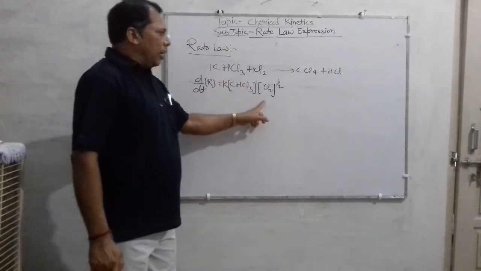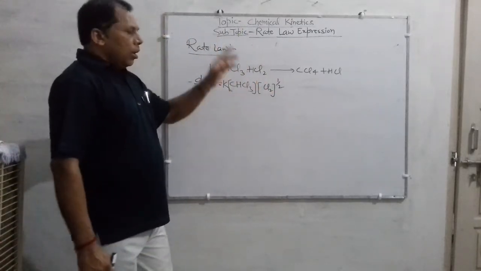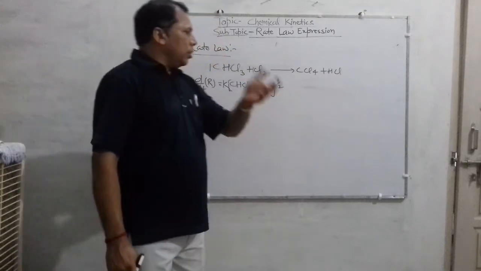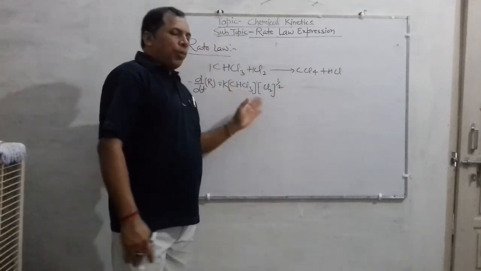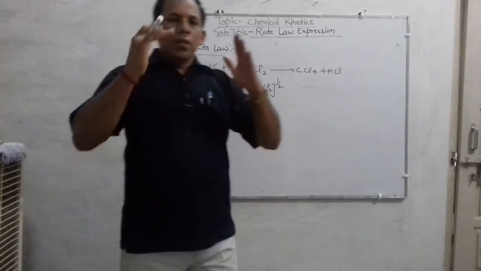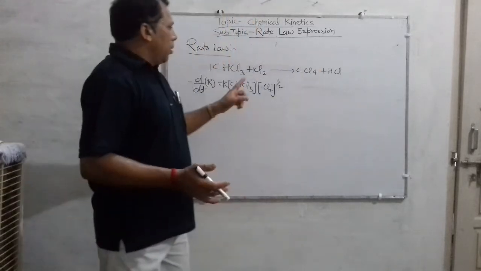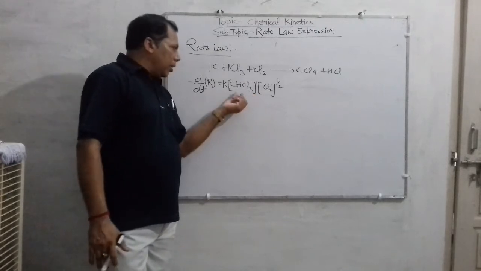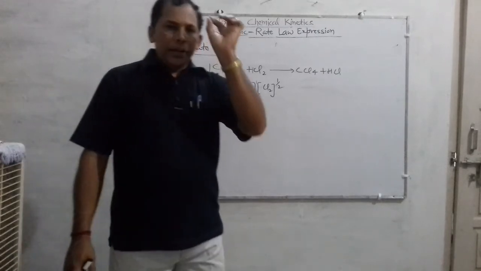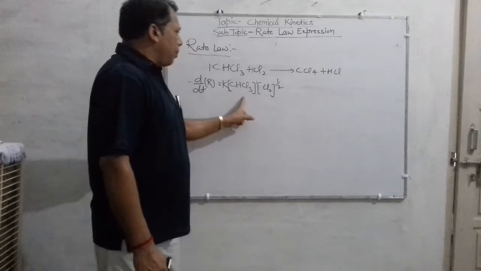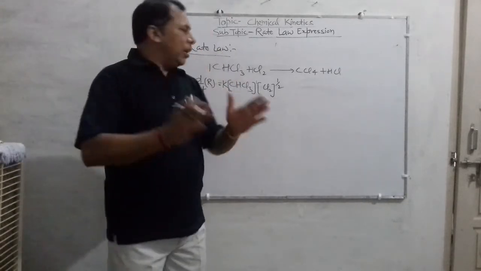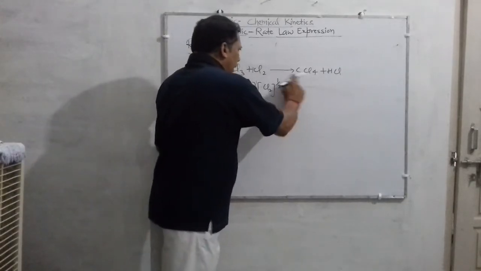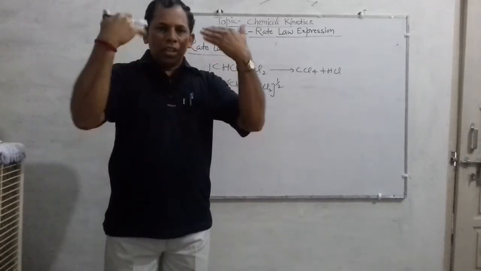That is clearly showing the verification that the exponents of the reactants may not be equal to the stoichiometric coefficients, and that can only be determined experimentally, not by merely looking at the balanced chemical reaction or theoretically.